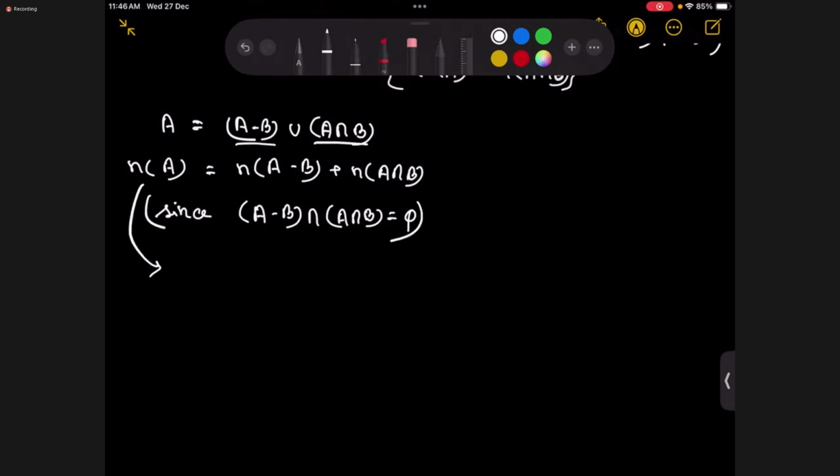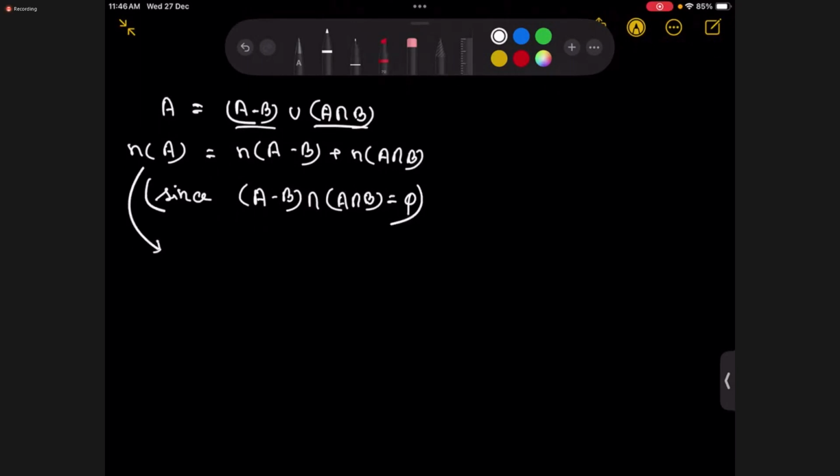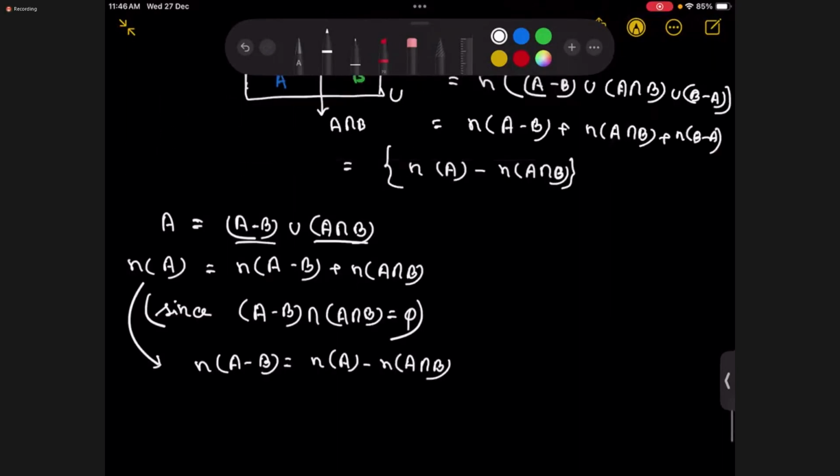Now from here we can write the cardinality of A minus B is the cardinality of A minus the cardinality of A intersection B. So we have used this statement here.